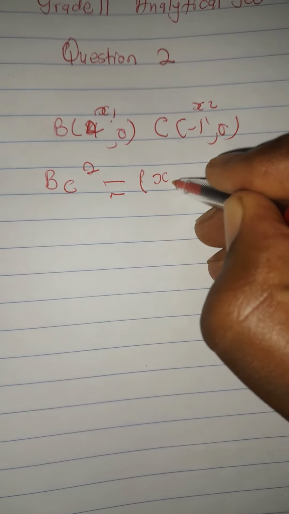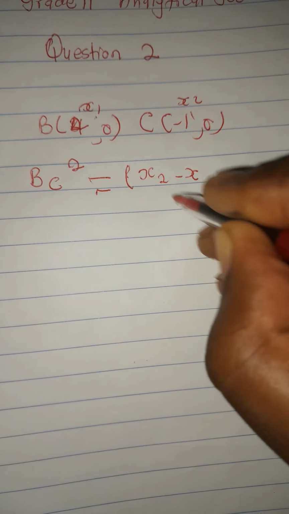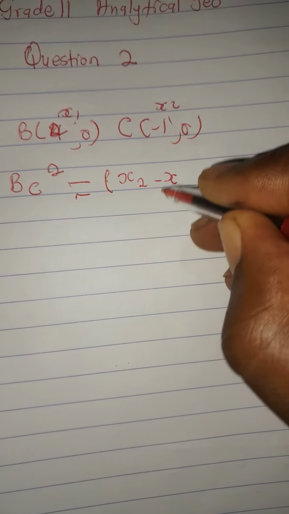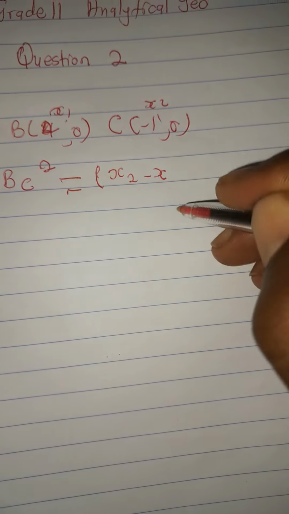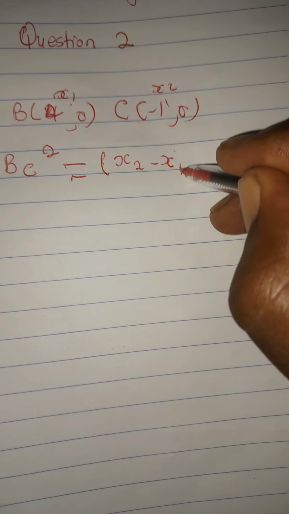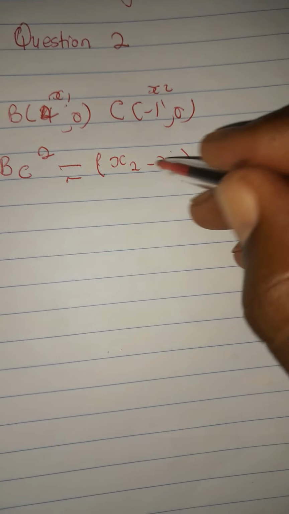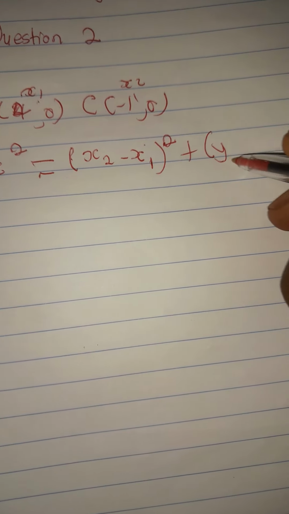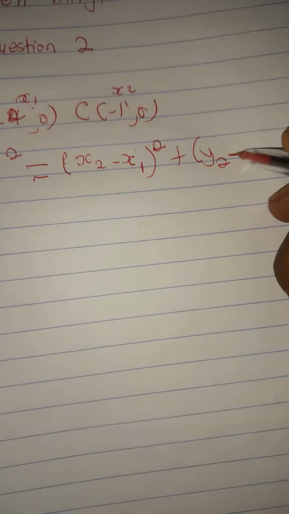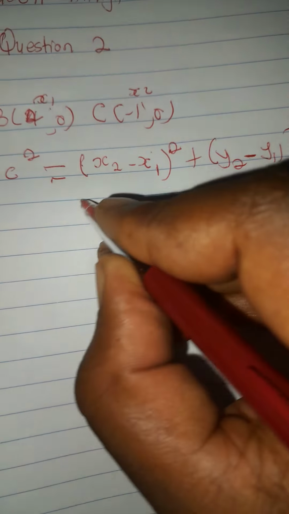To calculate the length, BC squared will be (x2 minus x1) squared plus (y2 minus y1) squared. It doesn't matter, I prefer to do it this way, or you can use the one with a Z.